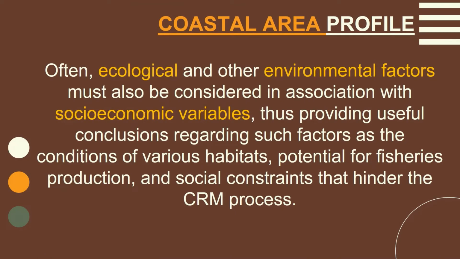Often, ecological and other environmental factors must also be considered in association with socioeconomic variables, thus providing useful conclusions regarding such factors as the conditions of various habitats, potential for fisheries production, and social constraints that hinder the CRM process.